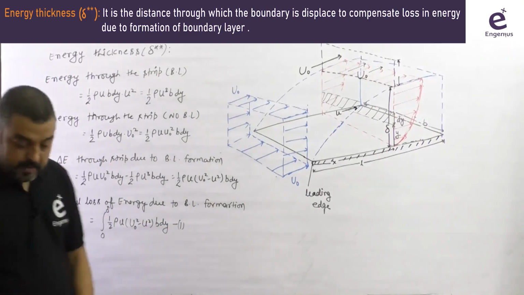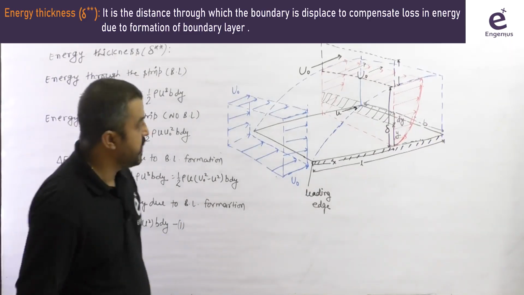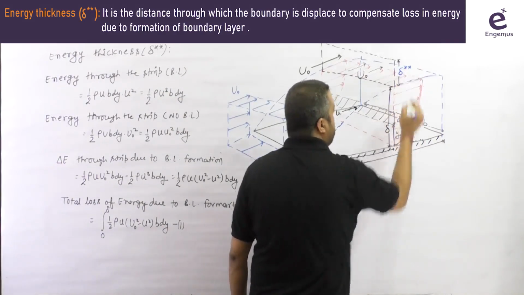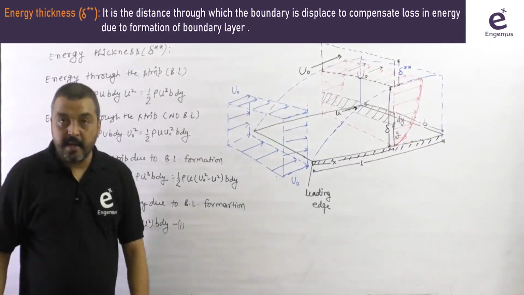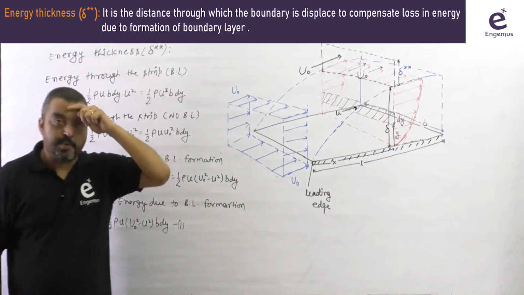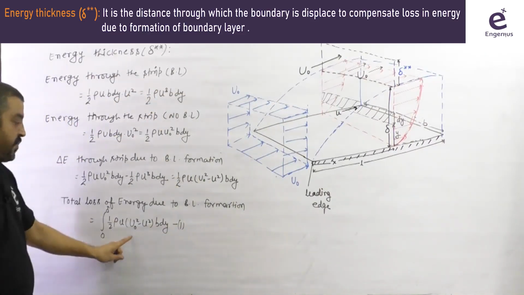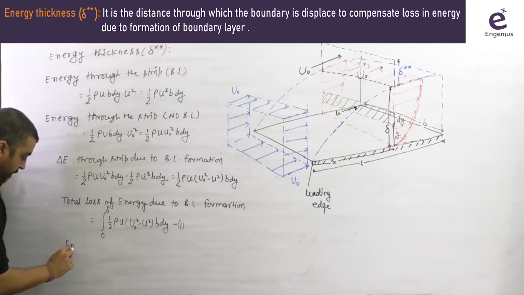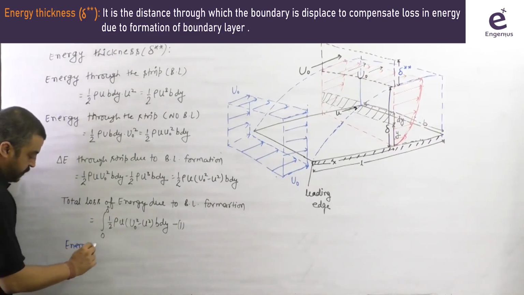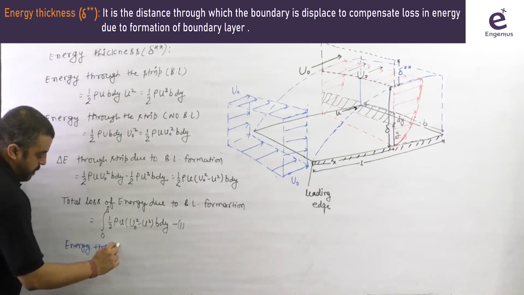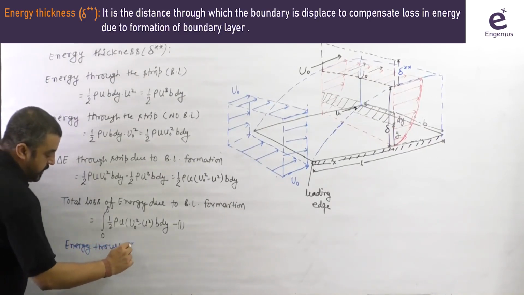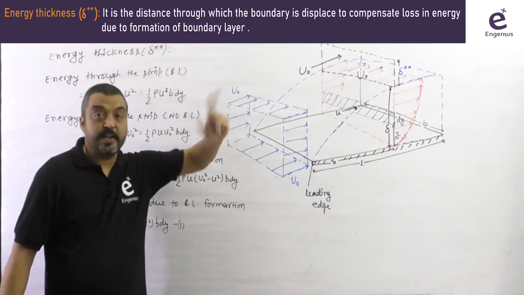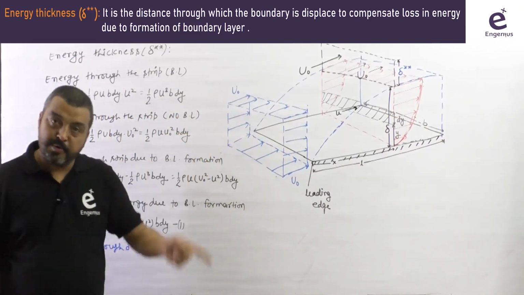Now similarly to the previous case, we will displace the boundary by an amount delta double star in such a way that the energy passing through this portion will be exactly the same amount as this one. So we can write the energy through delta double star. How much will it be? Again, this is in the free stream, so the velocity and the mass will be u naught also.